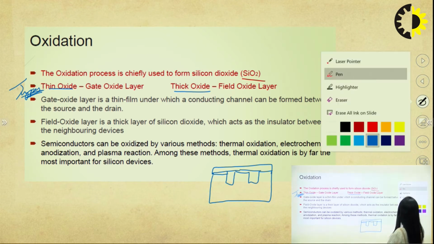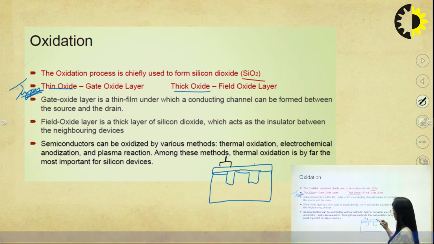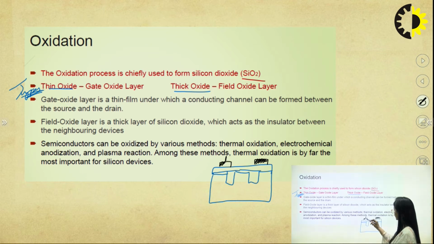Then I am making the metal contacts straight away. So let's say this is the drain, this is the source, and then in between we will have the gate terminal. Let's say this one is the drain terminal, this one is the source terminal, and this one is the gate terminal.